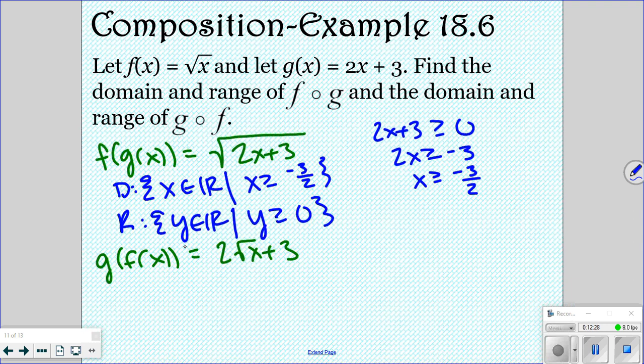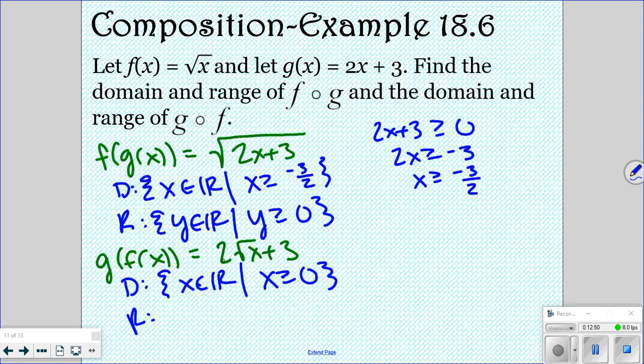Now for this one, our domain, we need this to be 0 or bigger. So the only restriction would need to be x is greater than or equal to 0. For the range, the smallest thing this can be is 0.